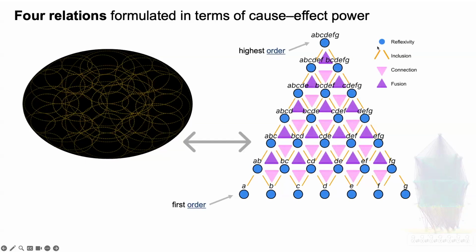So here, I'm using this reference. You can see the symbols here. Whenever I'm looking only at the labels of the distinctions, I'm hiding the purviews, and I am showing the relations just schematically. If there is a yellow line, it means that this distinction includes this distinction. If there is an upward triangle, they fuse.